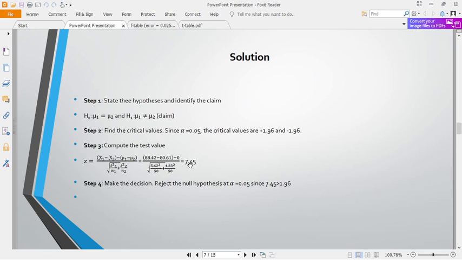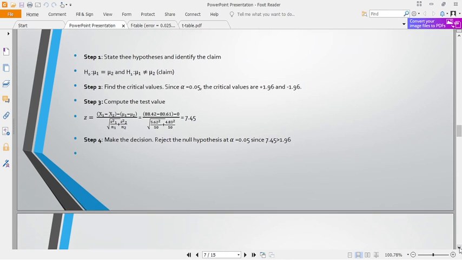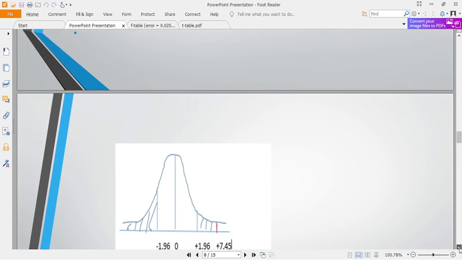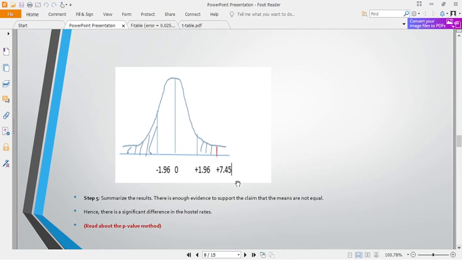So now we compare the test value and the critical value. We check whether the test value lies in the critical region. So the next step will be to make a decision. Does it lie in the critical region, or in either of the critical regions? This is our critical region, the tail.